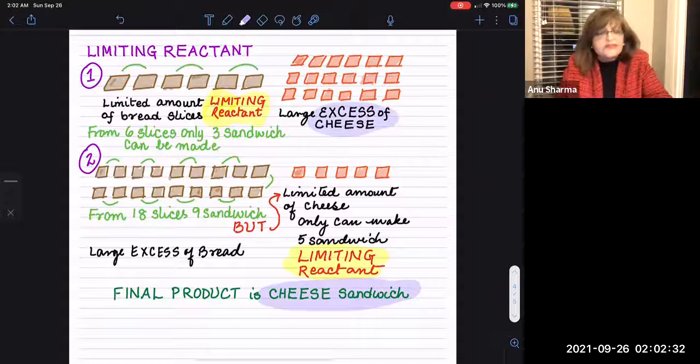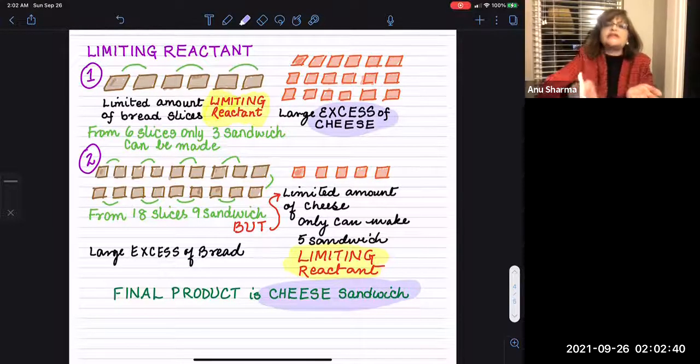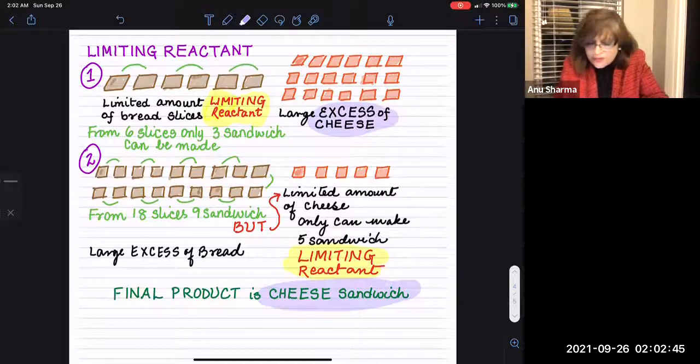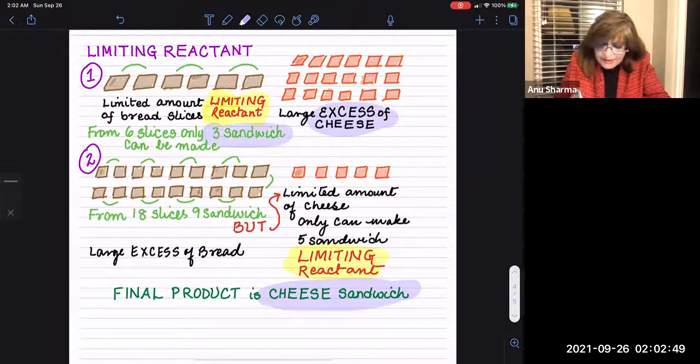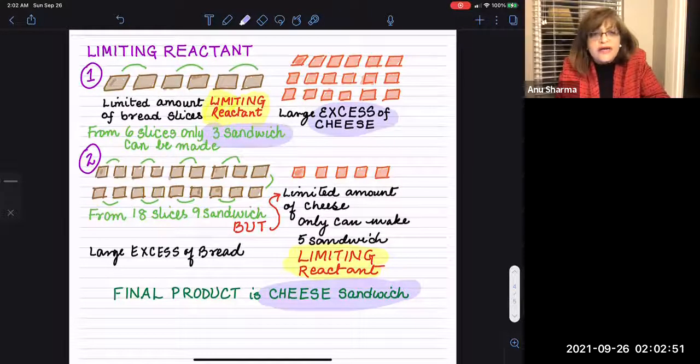That large excess of cheese is of no use to us. We can only make 3 sandwiches: one slice of bread, put the slice of cheese, and then bring in the other slice of bread. So we can only produce 3 sandwiches, and we are limited by the amount of bread we have.